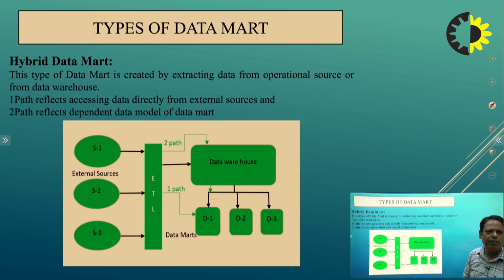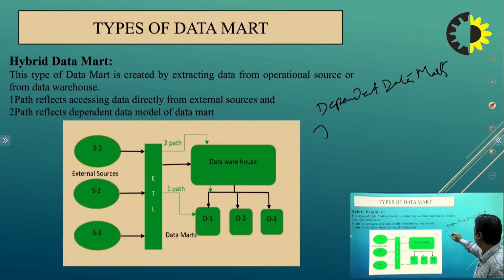And last is hybrid data marts. This type of data mart is created by extracting data from operational sources or from data warehouses. Means it is a combination of dependent data marts and independent data marts.